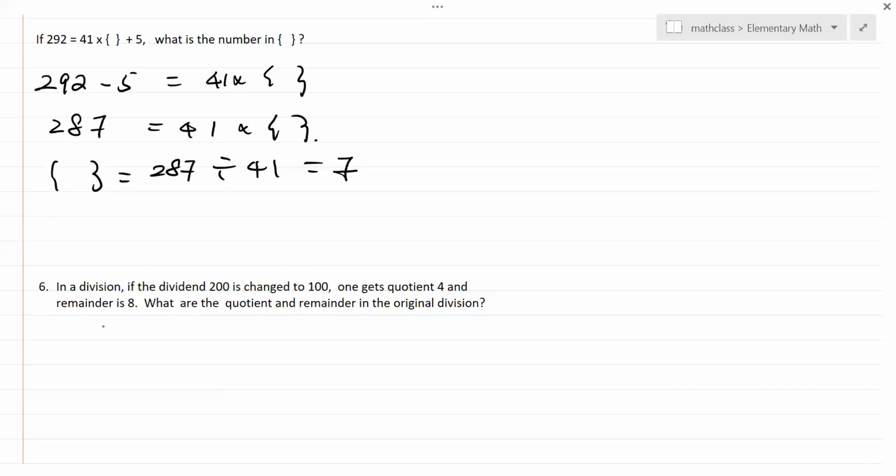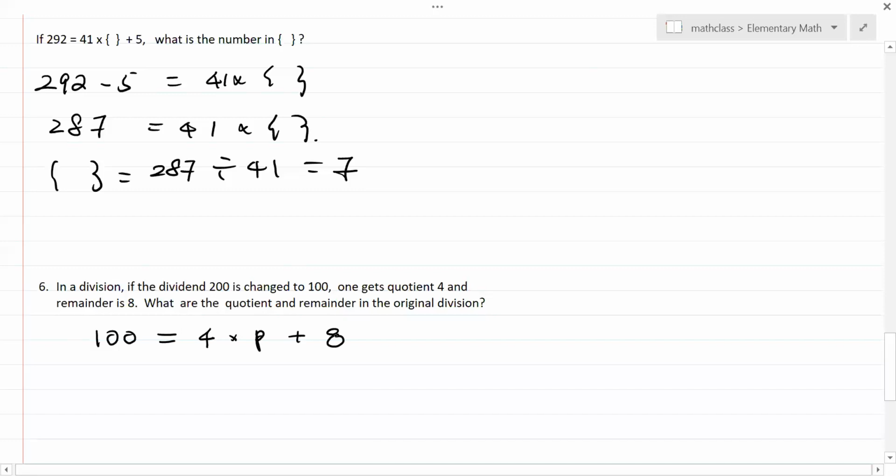So 100 is the new dividend. When you divide by some number, the quotient is 4 and the remainder is 8. If you can figure out that number, then you use that to divide 200, and you can get a result.